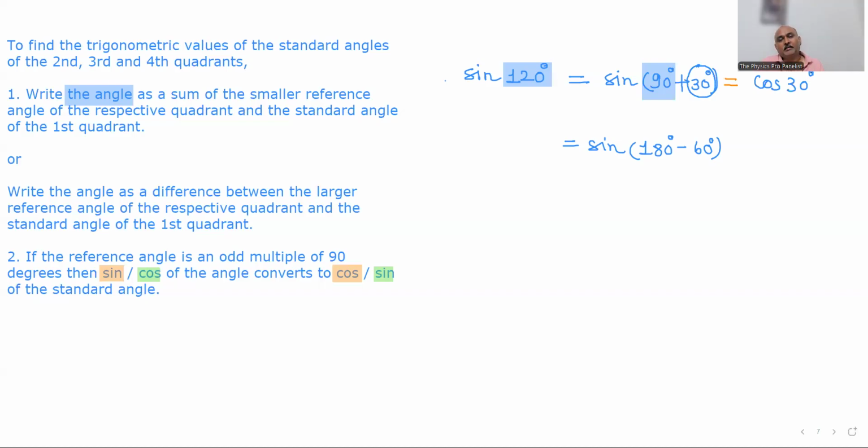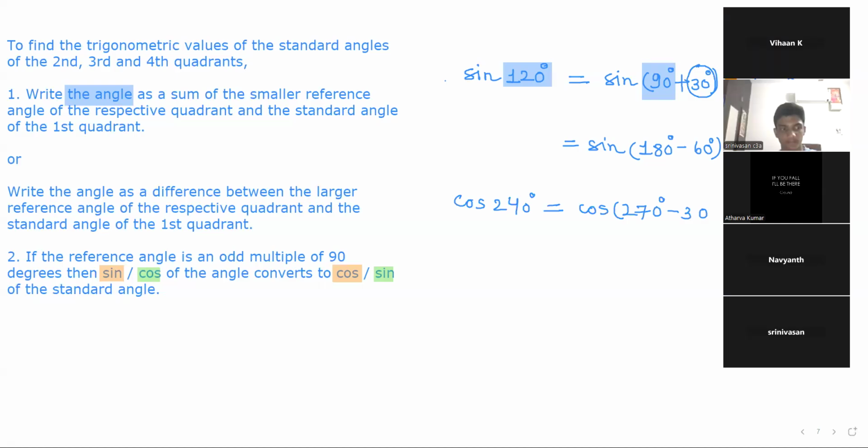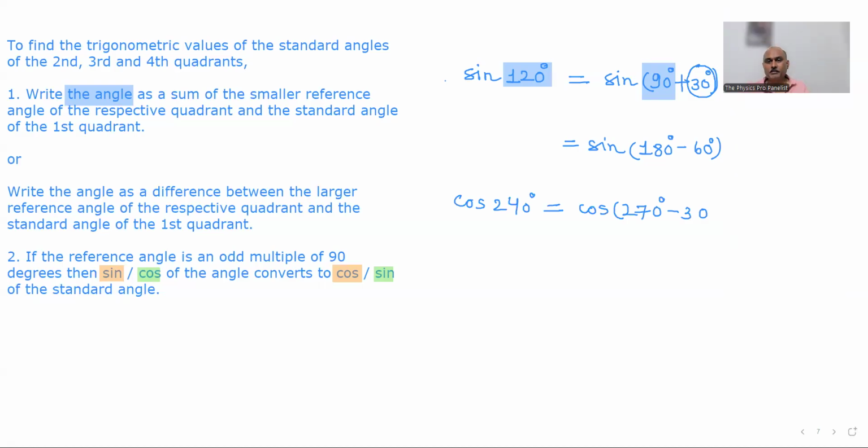I'll do one of cos as well, cos 240. All of you please pay attention. I can write cos 240 as cos of 270 minus 30. Yes or no? Children, please say yes or no. Abhigya, Samarth, Srinivasan, Vihan, Navyant, please say yes or no. So this is cos of 270 minus 30.